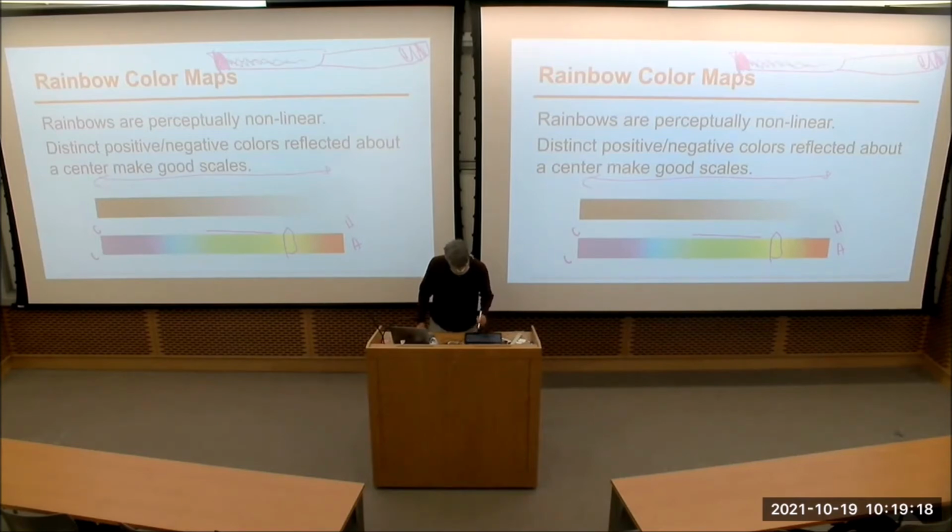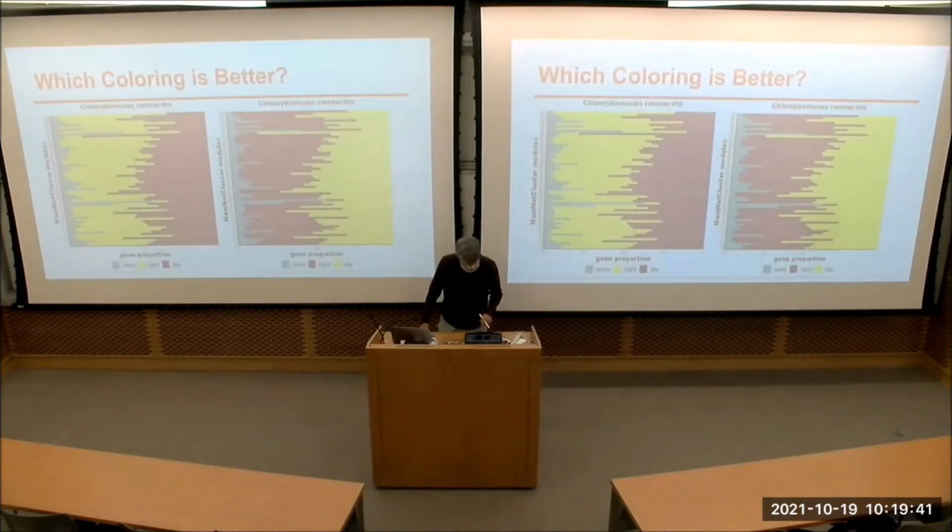And red on the other side. Now then, 0 is here, neutral is here. You can easily see whether you're above average or below average with that kind of a scale. Any questions? So the color scale is something to think about, okay? And the default rainbow is not always what you want.